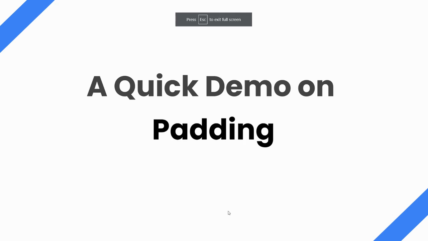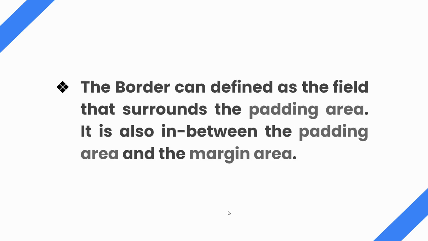Yeah, so now we are done with the padding. We'll be diving into the next section of today's class, which is the border section. So we talked about this in last week's class about the box model, and we'll also be seeing more about it today in detail. As we all know, the border can be defined as the field that surrounds the padding area.